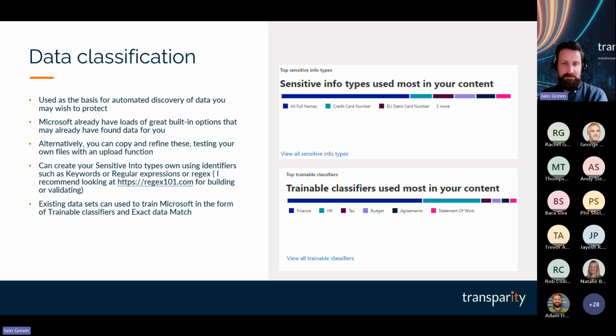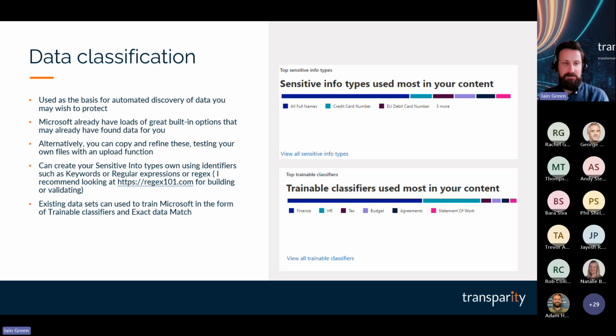And the sensitive info type is strongest when you also use regular expressions, so regex. So regex allows you to look for a sequence of characters or a pattern, which you can build up over a host of different options.